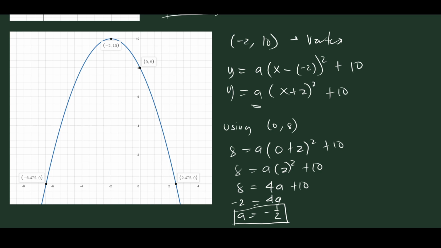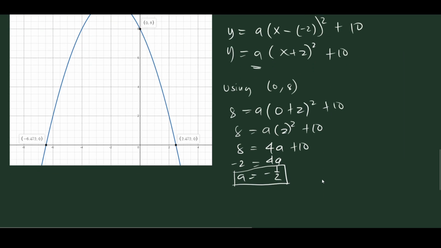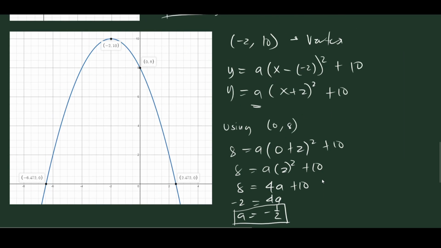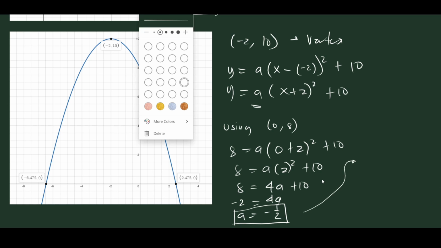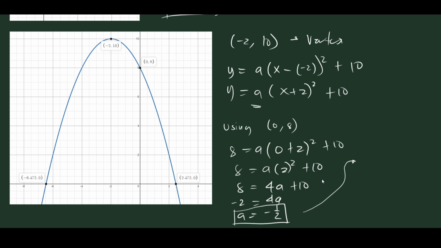Let us now construct our standard form equation. We have y is equal to a, and our a is already negative 1 half.